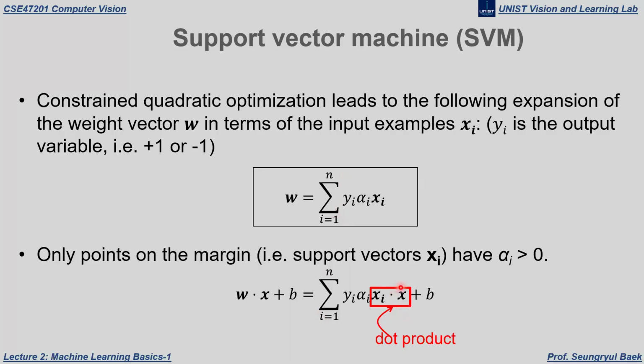But when new samples are coming, the thing you have to do, using this type of formula, is take the dot product between the new sample and your training samples, okay?